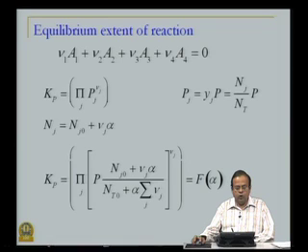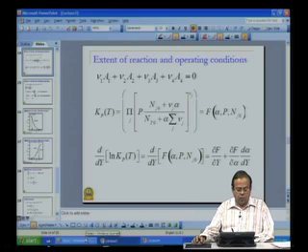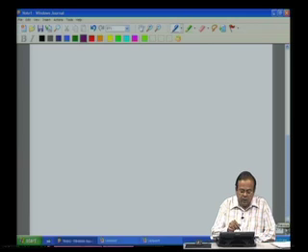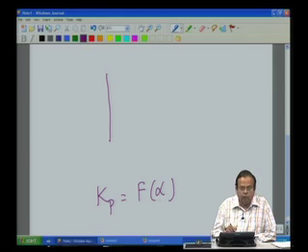Although we will not go into the mathematical details of this, you can believe me when I say that, if you remember, our equation is Kp equal to f of alpha. So, that value of alpha which satisfies this equation is my equilibrium value.